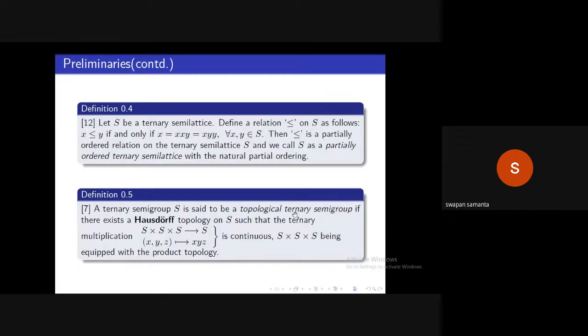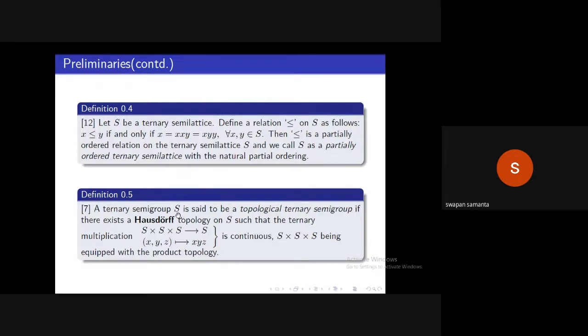Now we consider ternary similarities, and there we define a relation less than or equal to if and only if it satisfies this condition. Then it can be shown easily that this relation is a partially ordered relation, and then we shall say it is a partially ordered ternary similarity. Now we are coming to topological ternary semigroups.